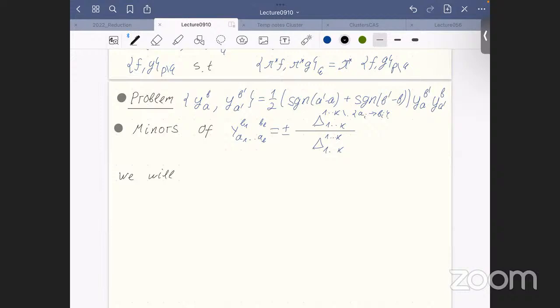We will say that A prime is less than a certain set A1, ..., AL if A prime is less than AI for any I. Similarly, we will say that A prime is greater than the set A1, ..., AL if it is greater than every AI.